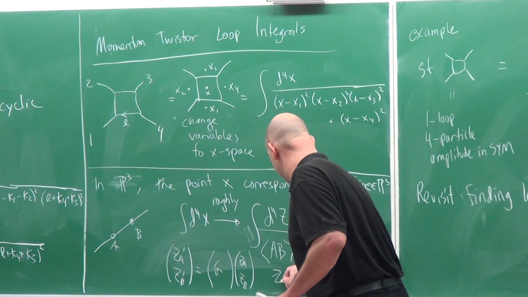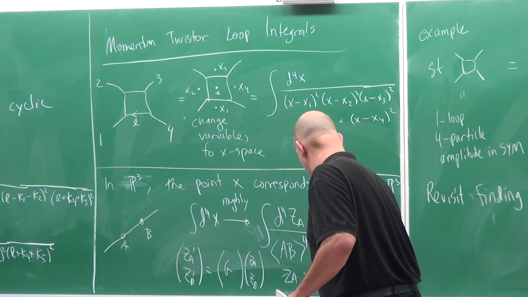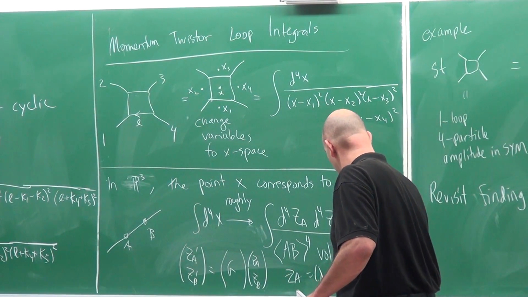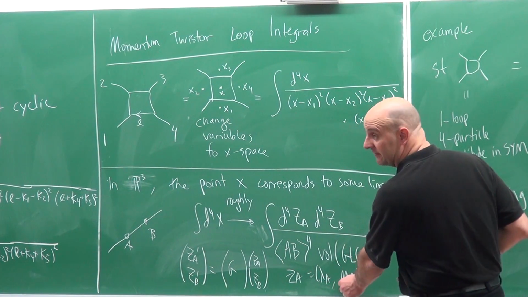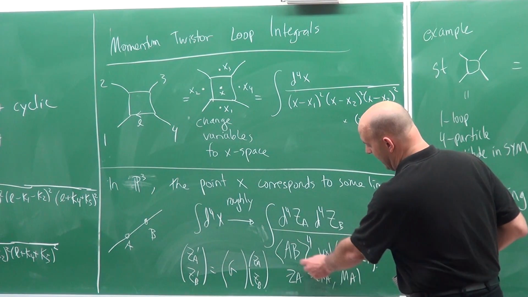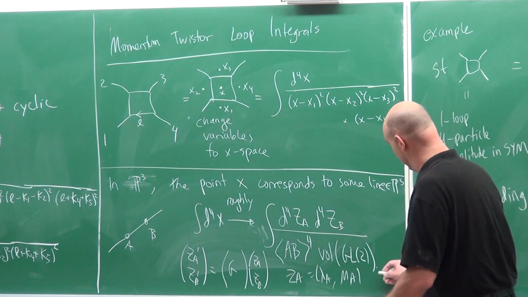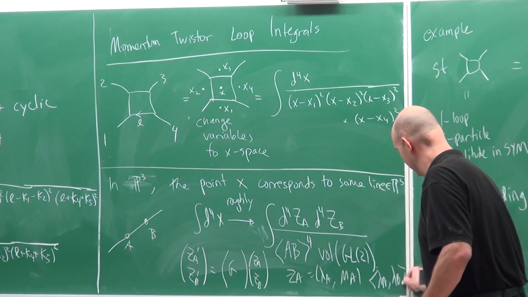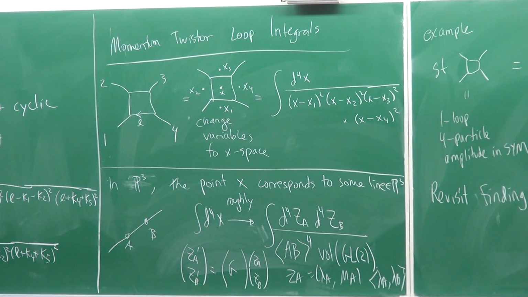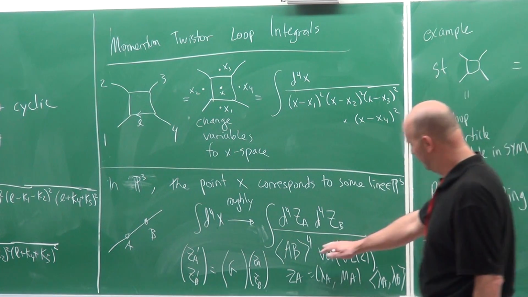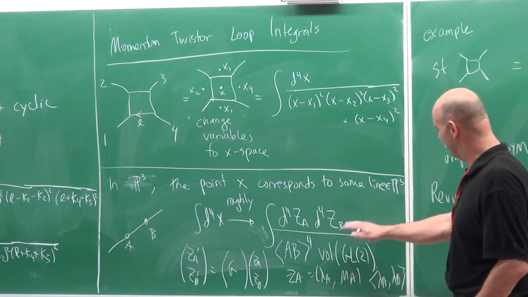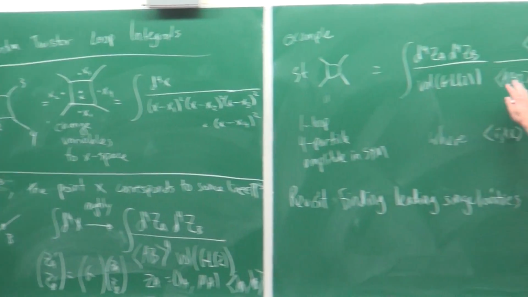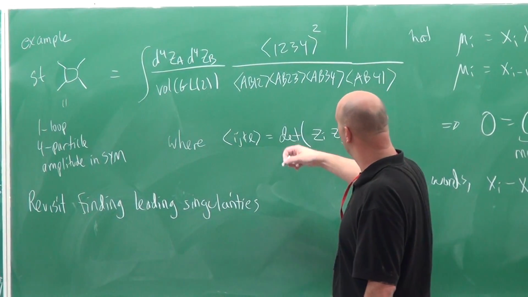So ZA is lambda A, comma mu A, where this is 2 components and that's 2 components out of the 4. And so this literally means the spinor bracket of lambda A, comma lambda B. These kind of factors always drop out at the end when you have nice dual conformal invariance.